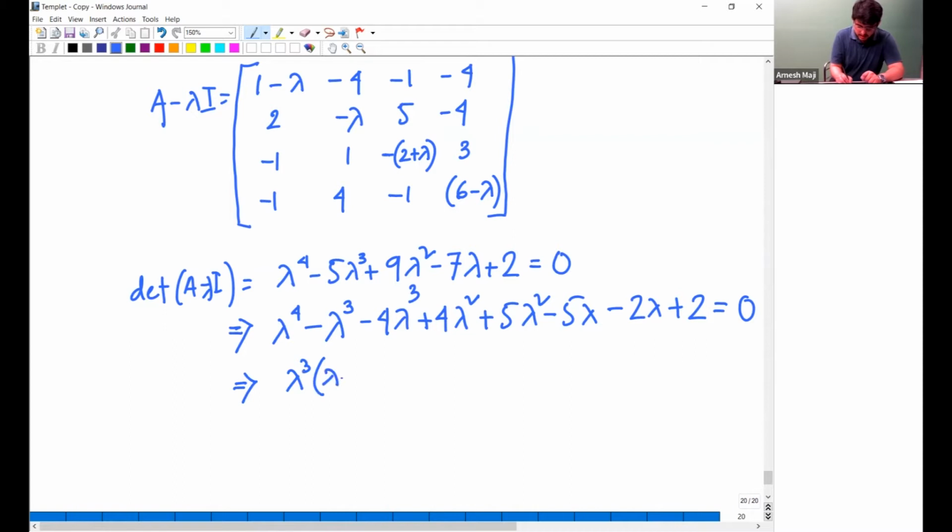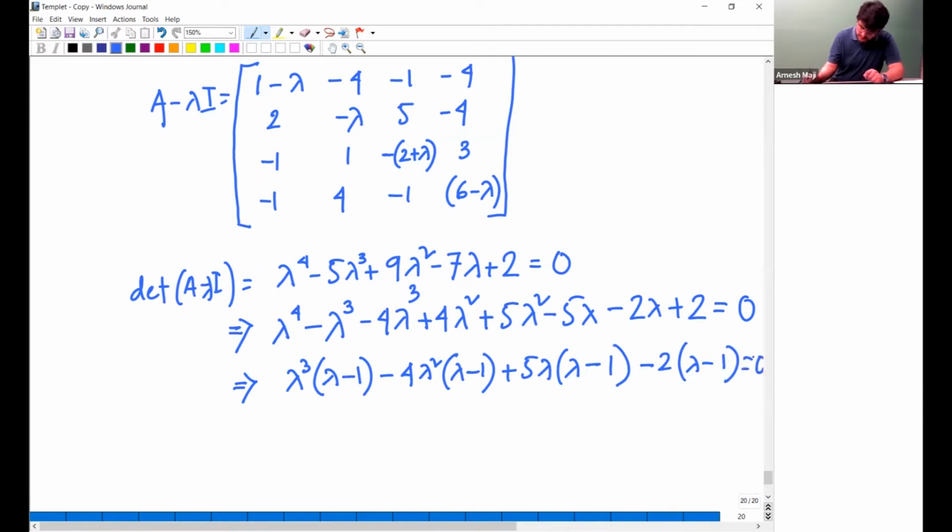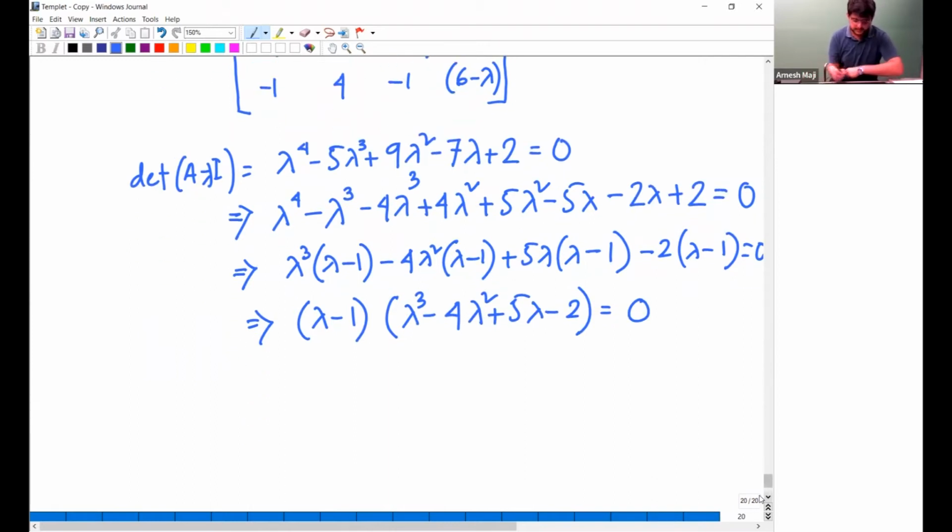So we will now take lambda minus 1 common from all these terms. This is simple factorization which you might have done at your plus 2 level. If we take lambda minus 1 common from all these terms, again the term inside can be factorized.